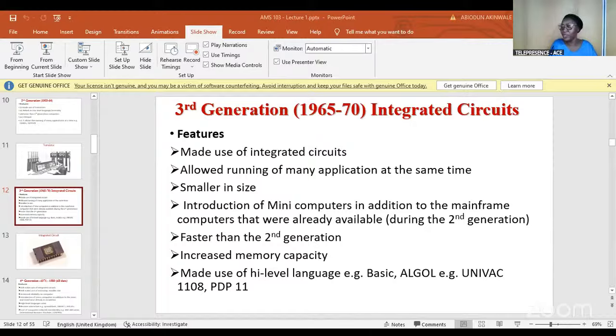The minicomputers also were already introduced in addition to the mainframe computers which existed earlier during the second generation, and they are much faster than the ones with the transistors. So you can see from generation to generation, there is enhancement and improvement, which is much beneficial to the users. Of course, increased memory capacity.